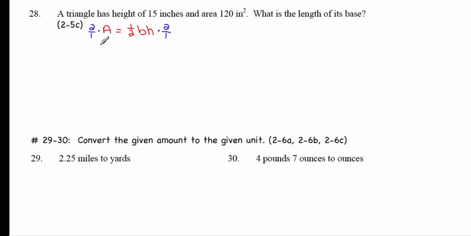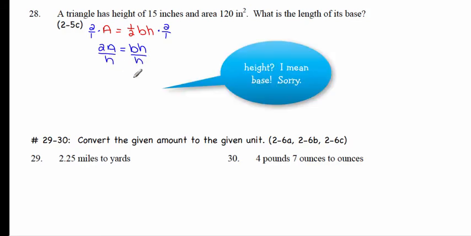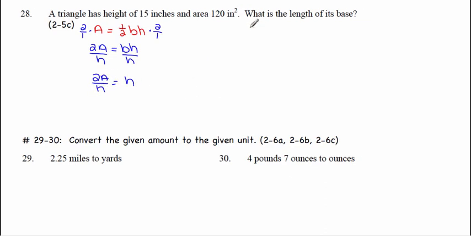That's giving me 2a equals b times h. I'm solving for b, so I'm going to divide both sides by h. So my base is equal to 2a over h. Now that I have that formula, I'm going to go ahead and plug everything in.